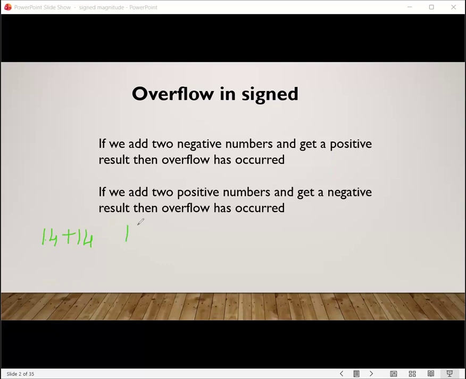So how do we write 14? 1, 1, 1, 0. Another 14, 1, 1, 1, 0.